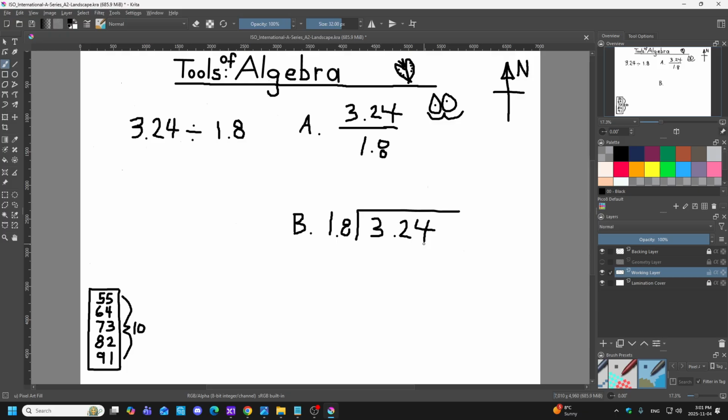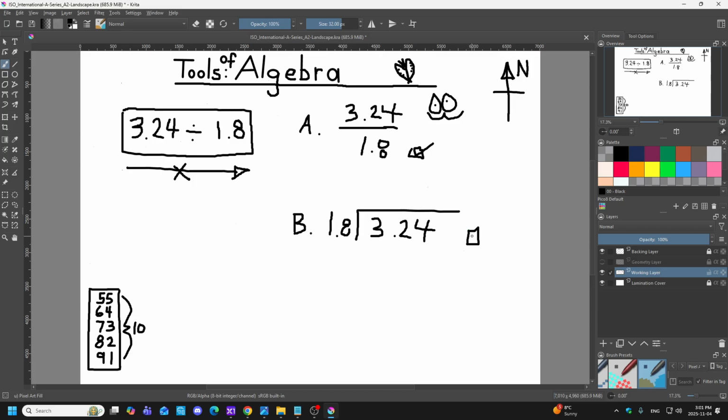As you advance and get better in mathematics, this is a tip. Never solve division problems in a linear fashion. Never. Okay? Either it's A in fraction form or B in long division form. It just depends on the problem you are working with. Let us continue.